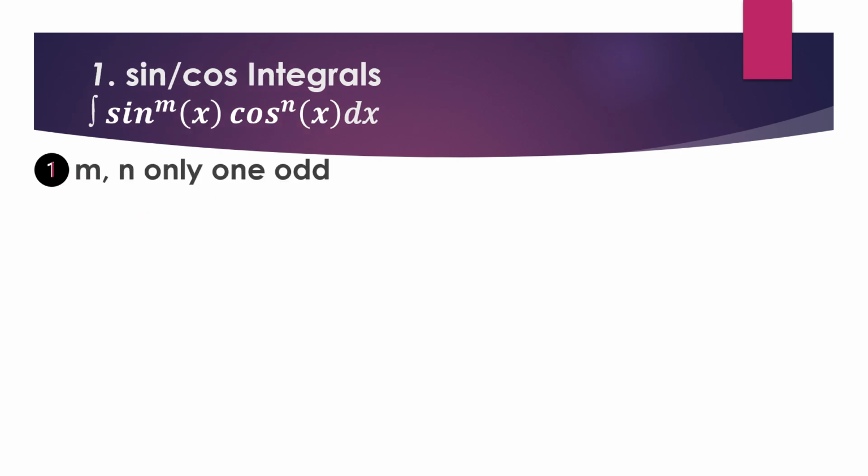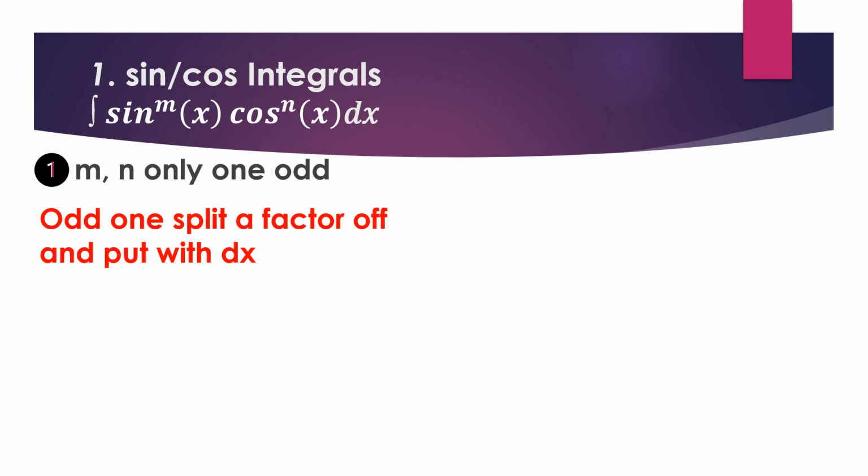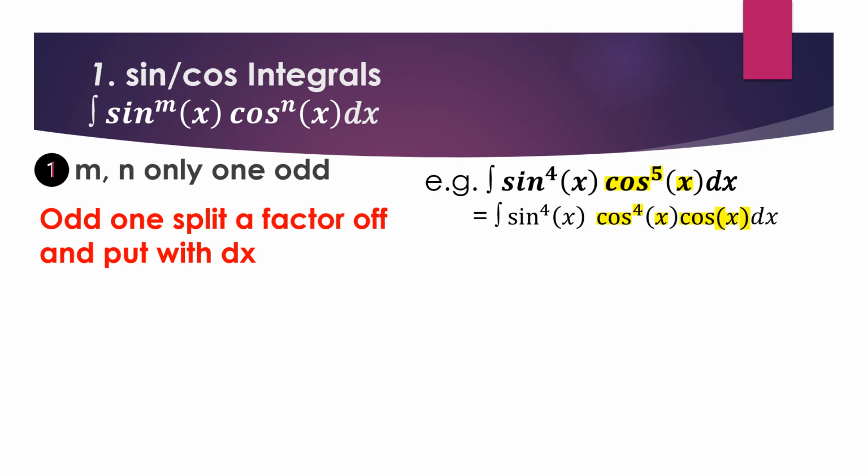Let's see the first condition. M and n have only one odd number. In this condition, we will split one factor off and put it with dx. Let's see an example to understand.